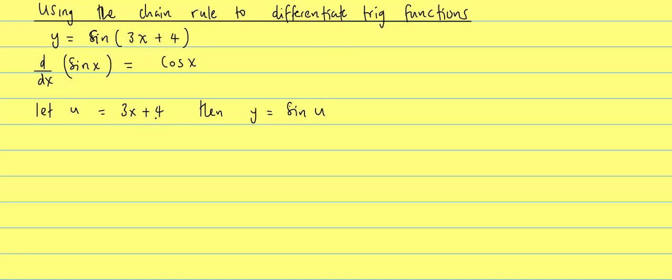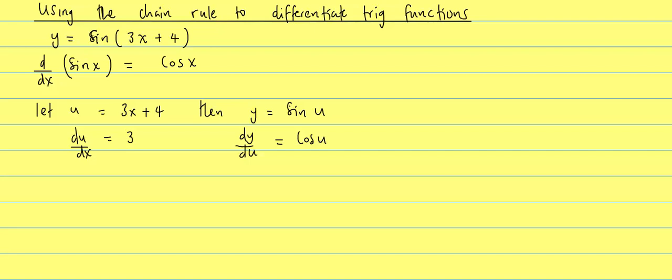Now if u is equal to 3x plus 4, then du/dx, we derive the right hand side with respect to x, is just going to be equal to 3, and dy/du is going to be equal to the cosine of u.